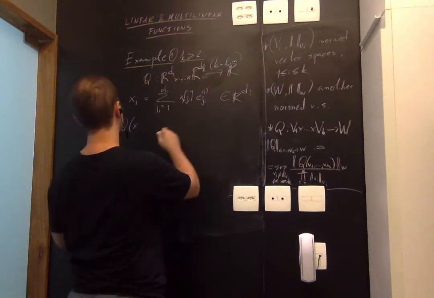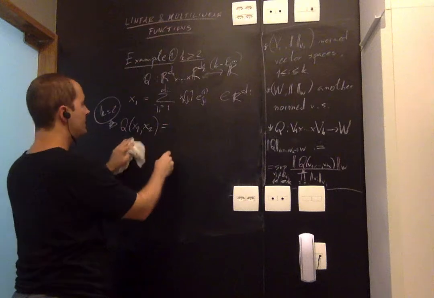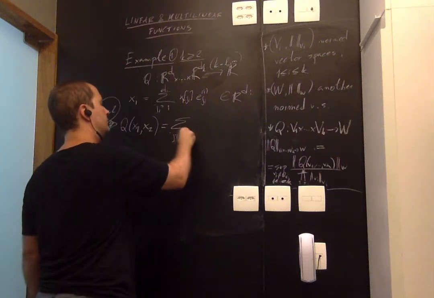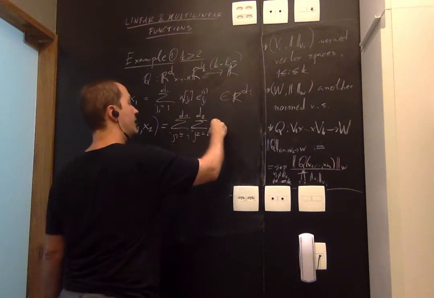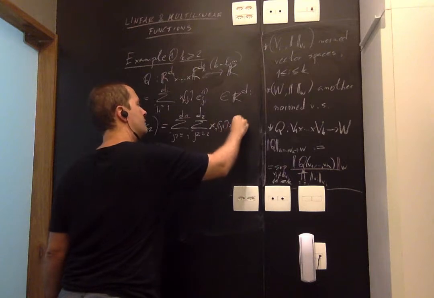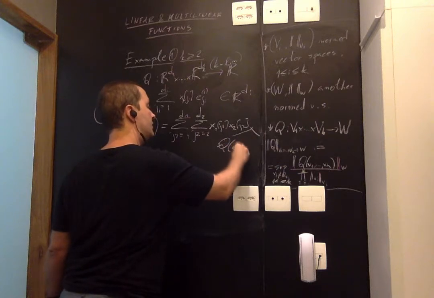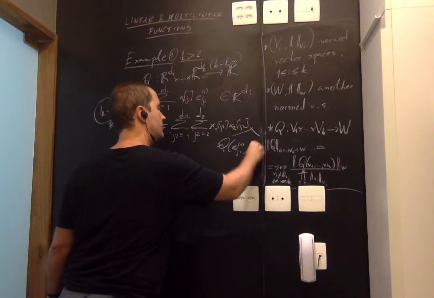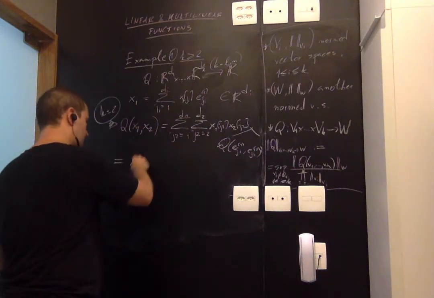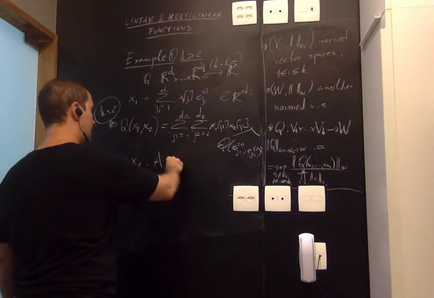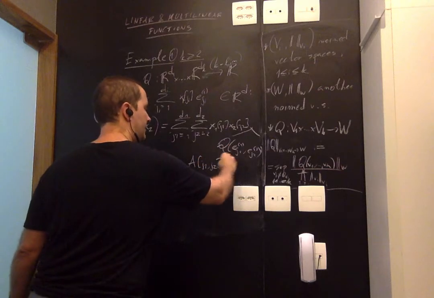So now k equals 2, and Q of x_1, x_2 is the same thing as before: x_{1,j_1} x_{2,j_2} Q of e_{j_1}^1, e_{j_2}^2. You can think of this as x_1 dot product with the matrix A times x_2, where the entries of A correspond to these values.